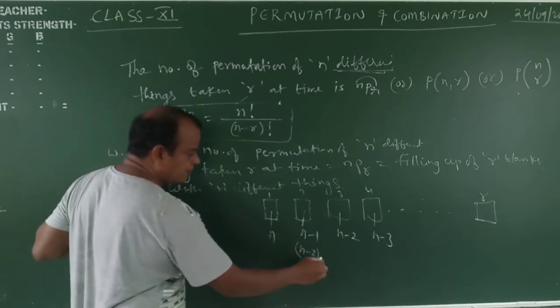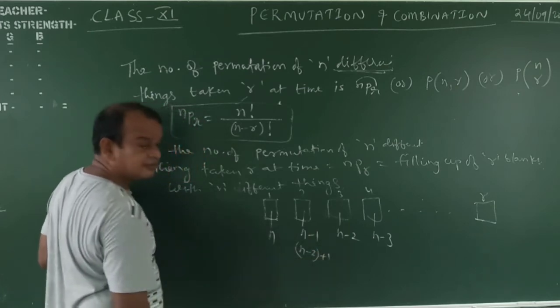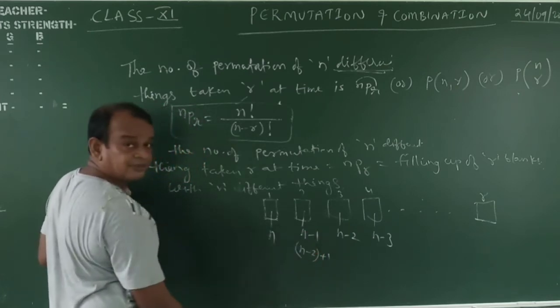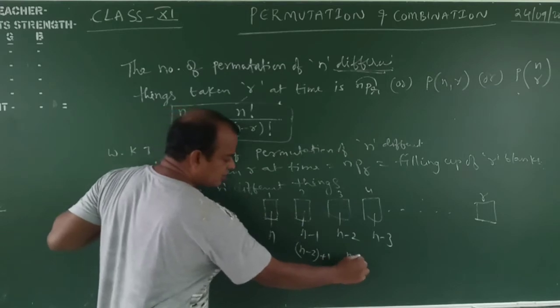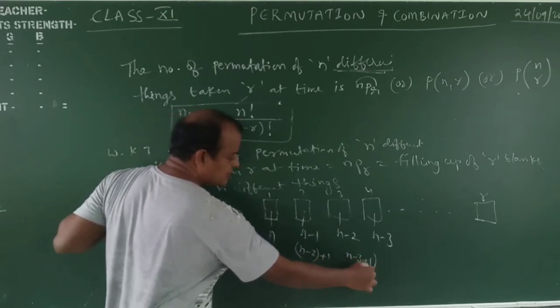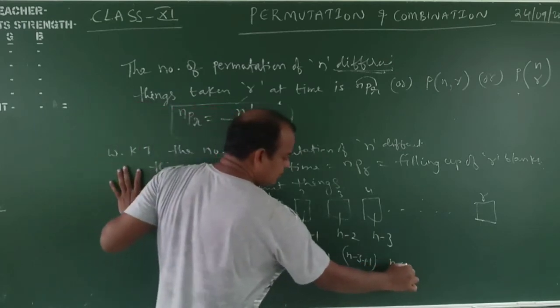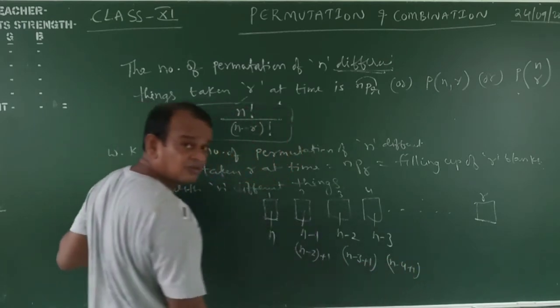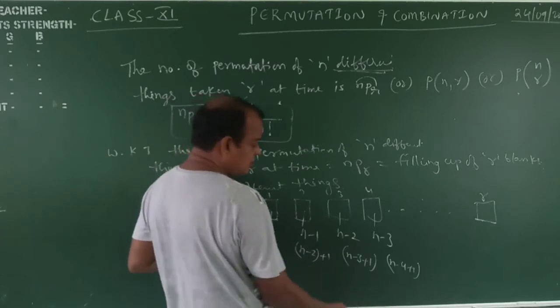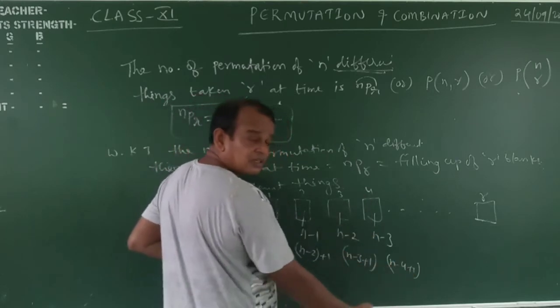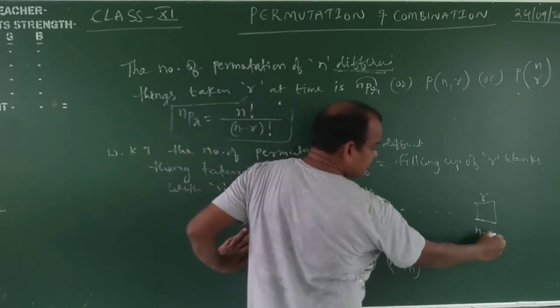N minus 2 plus 1. Say yes or no? Third blank, how to write this one? N minus 3 plus 1. Fourth blank, N minus 4 plus 1. Say yes or no? Now last one. Here fourth blank means N minus 4 plus 1. Now this one, N minus R plus 1.